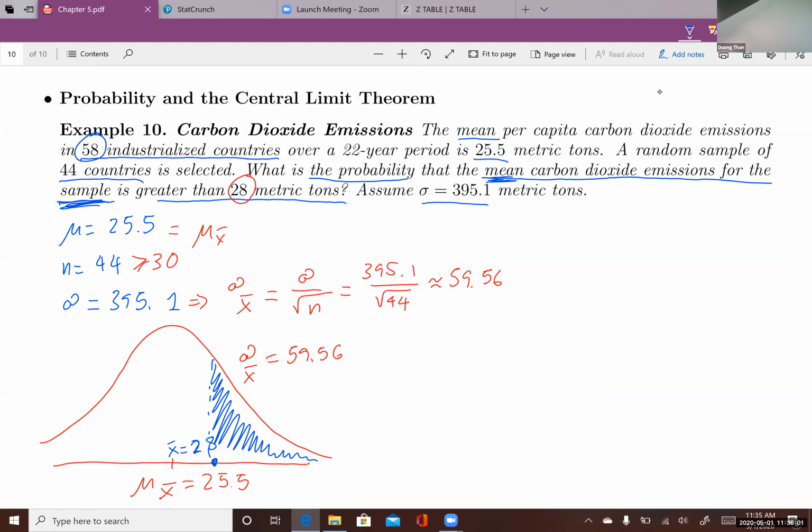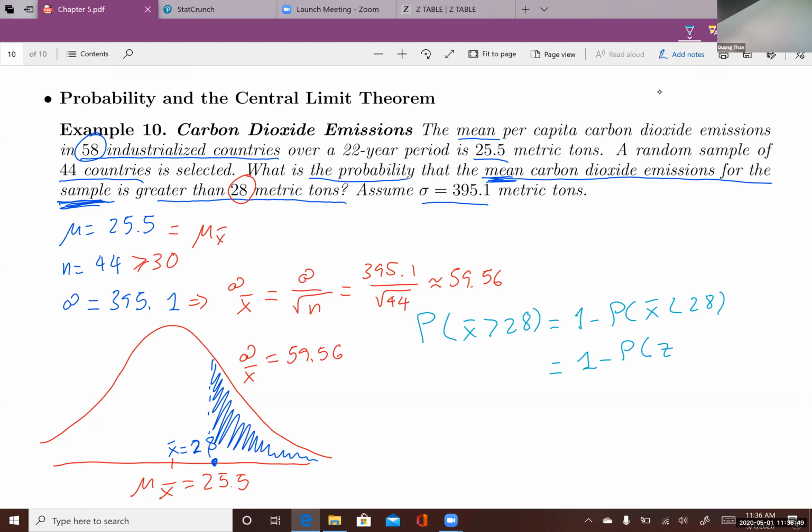All right. Now the probability that the x bar, the mean of this sample, is greater than 28 is the same as 1 minus the probability that the x bar of samples of size 44 is less than 28, and it equals, and then I can find the z value for x bar.